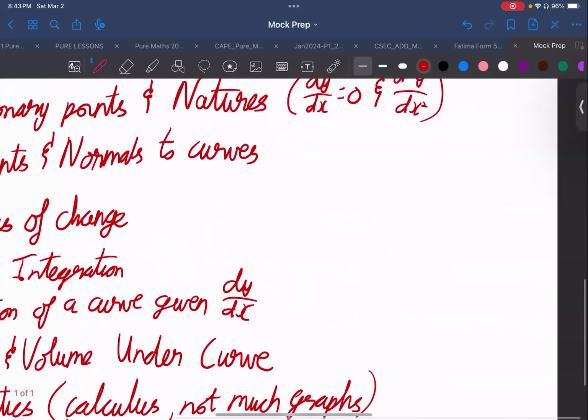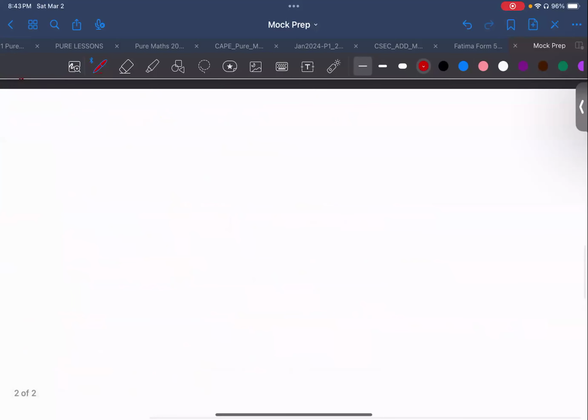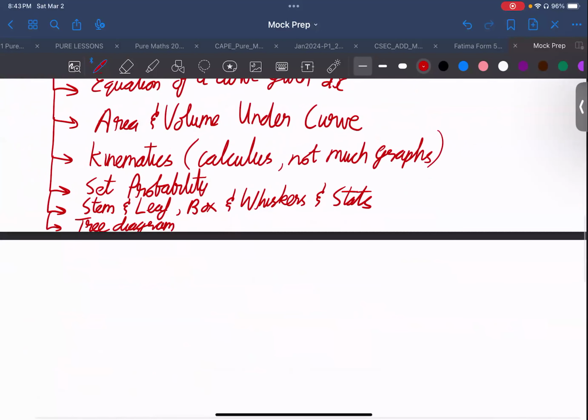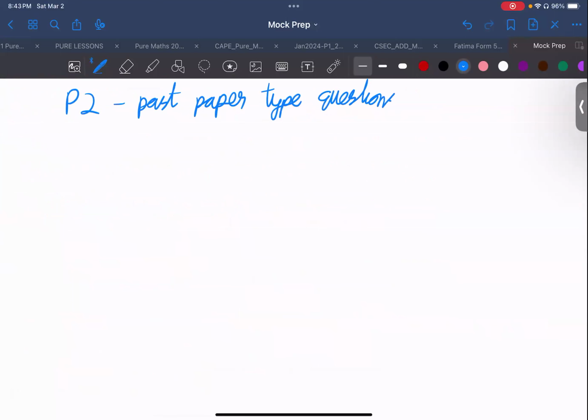Right, so how the test would be: the test itself would have, so your paper 2 would be past paper type questions, right? What do I mean by past paper type questions?